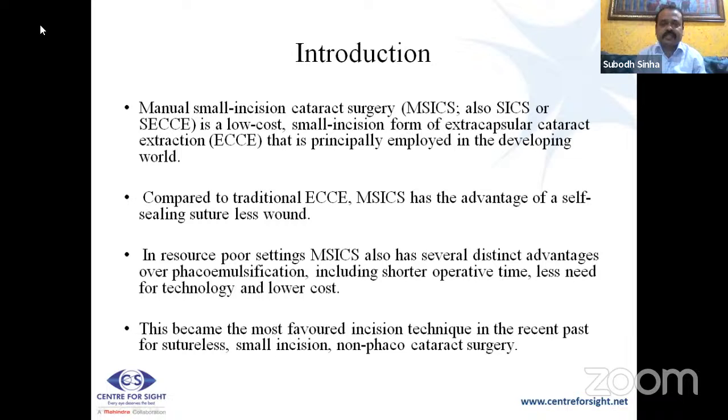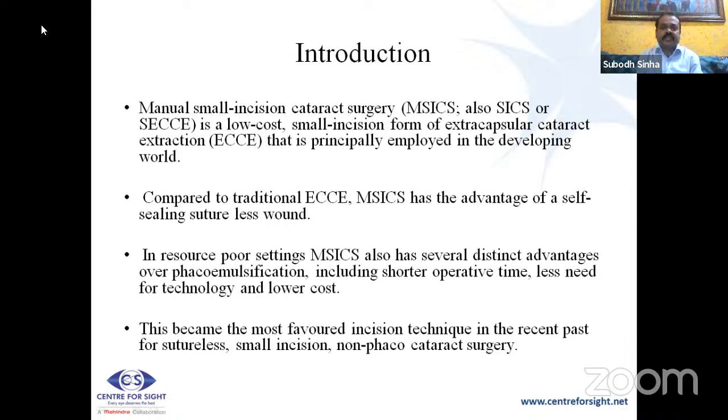Extracapsular cataract surgery is becoming less and less popular, but manual small incision cataract surgery and phaco are being performed most commonly all over the world.